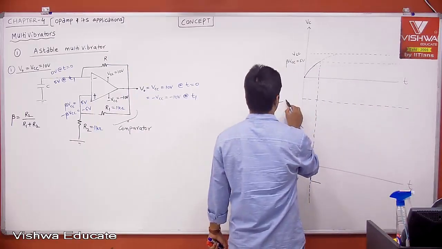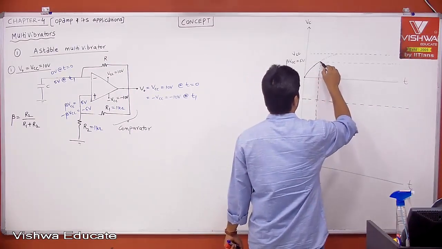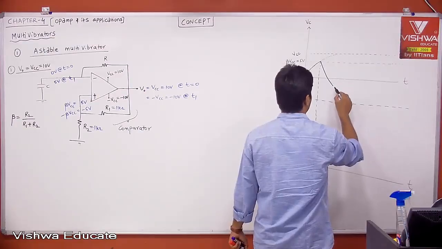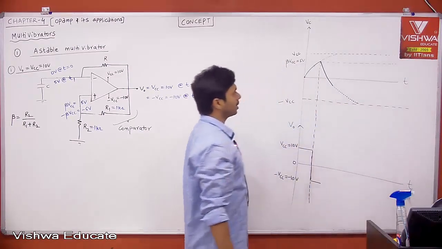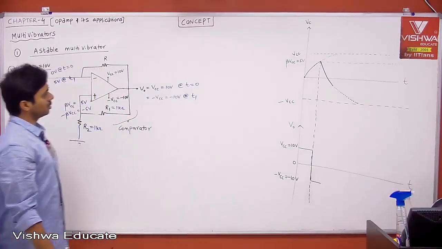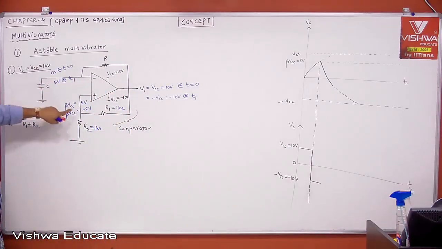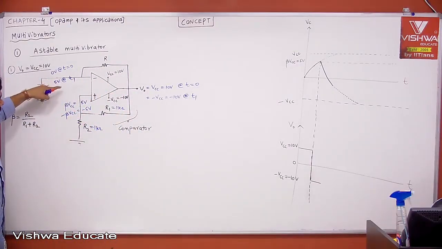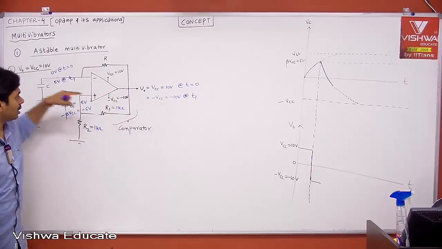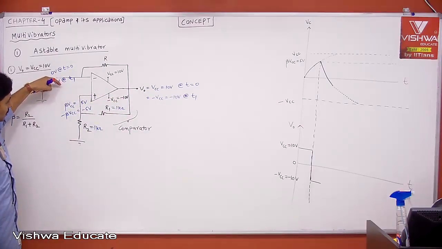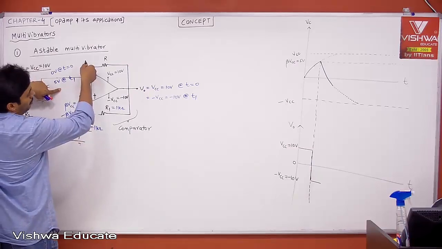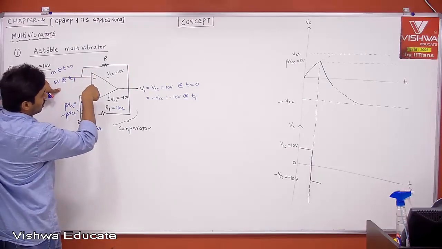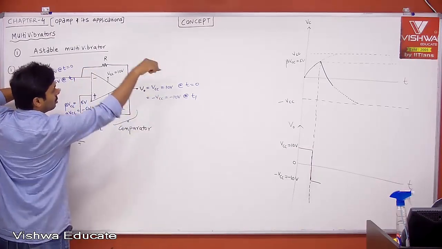Let us say this is minus VCC. Your capacitor is trying to charge to minus 10, or minus VCC. But once it crosses minus 5, say minus 5.01, then it is more negative than the reference, and your output voltage will switch from minus 10 to plus 10.